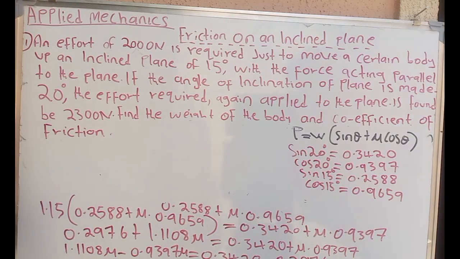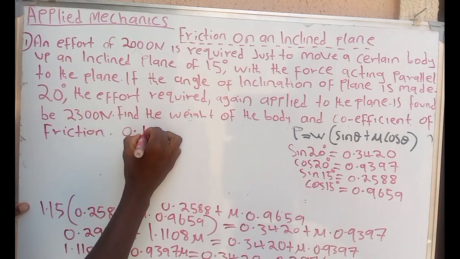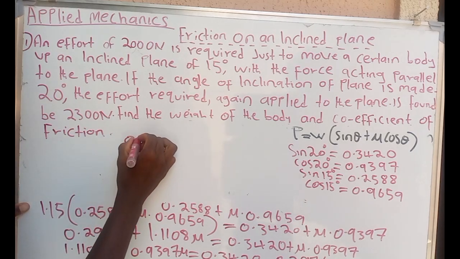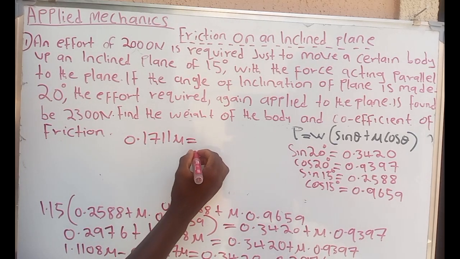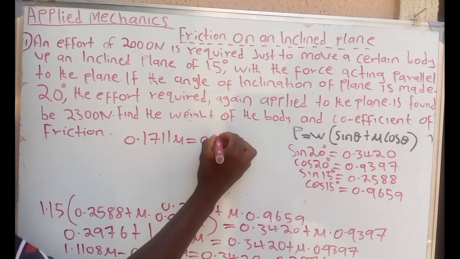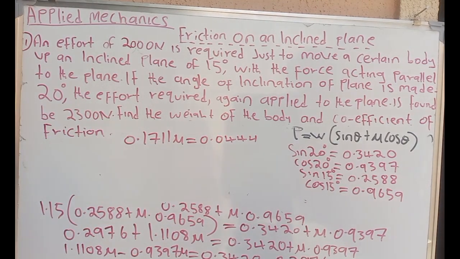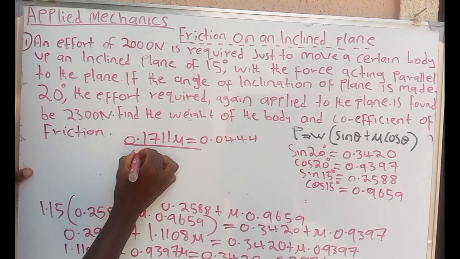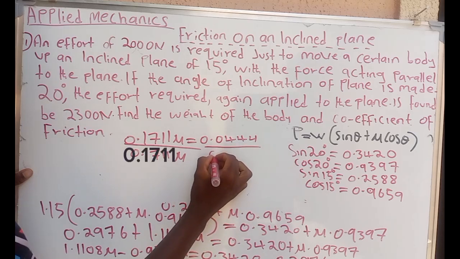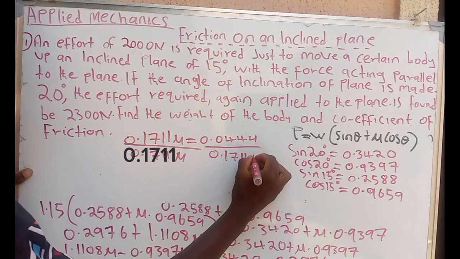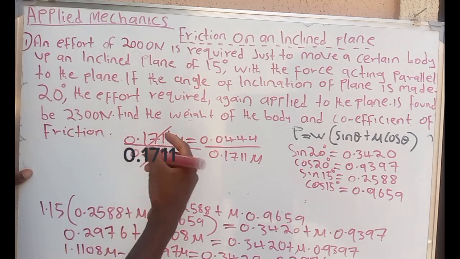So how can we figure out our final answer? We say 0.1711 mu is equal to 0.0444. So we have to divide both sides by 0.1711, and the 0.1711 will cancel.